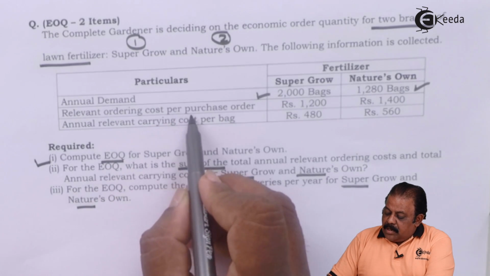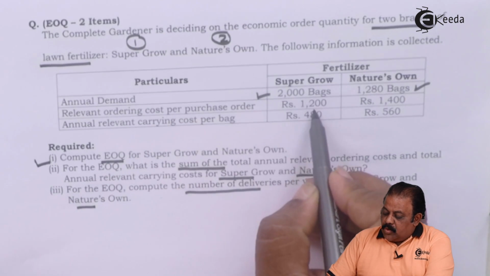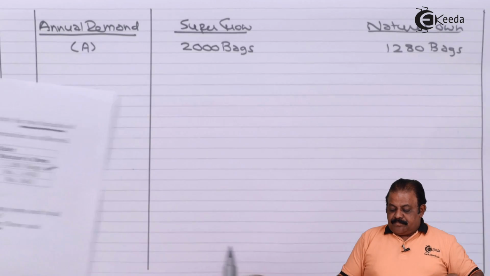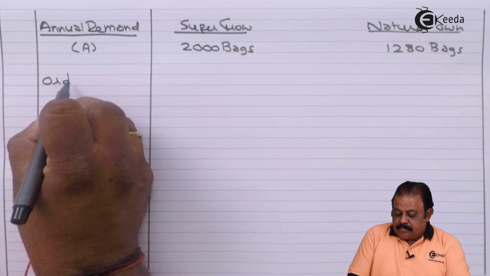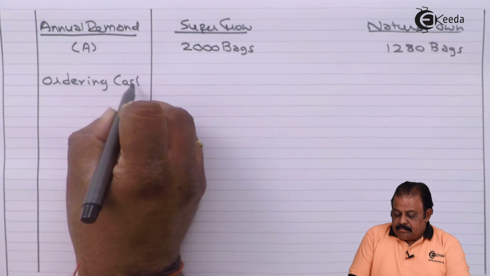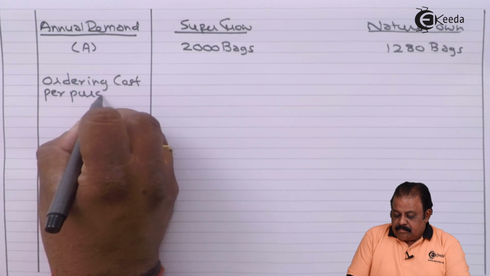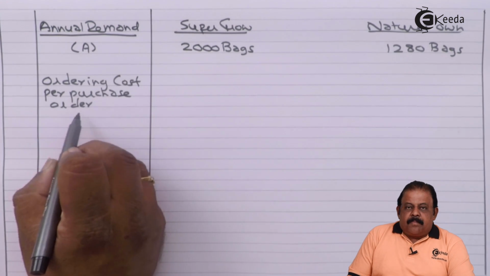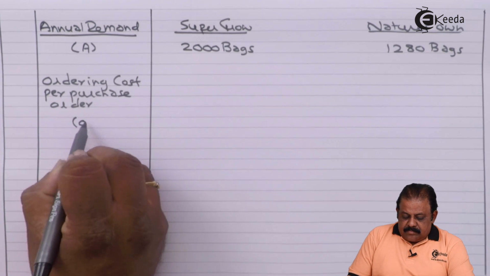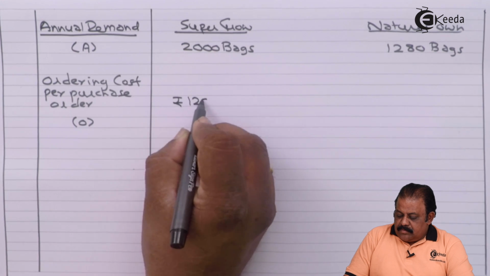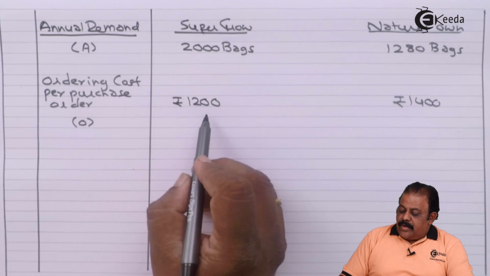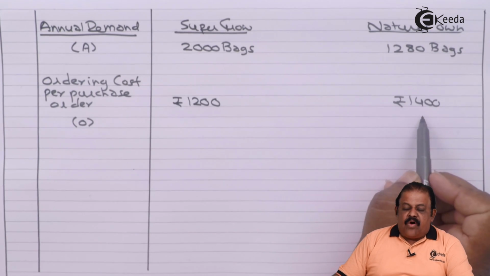Ordering cost per purchase order in case of Super Grow 1200, Nature's Own 1400.